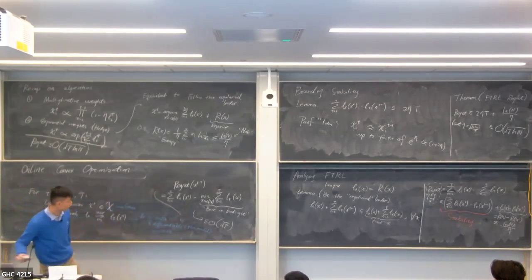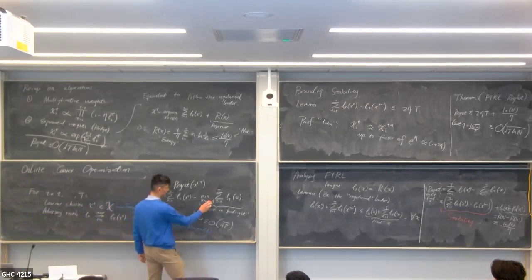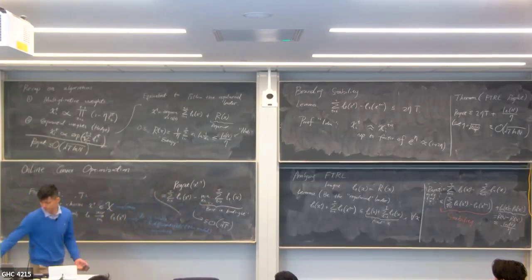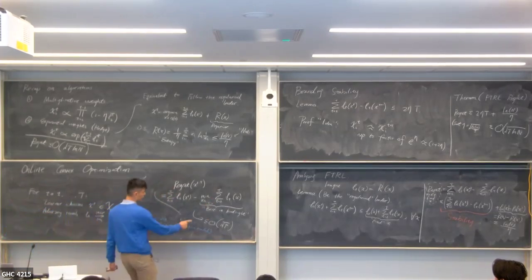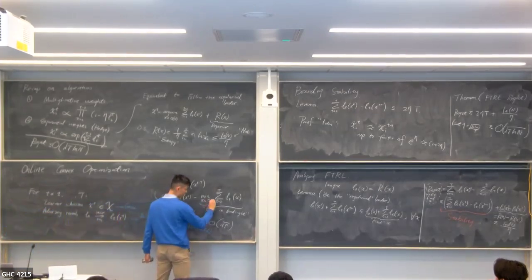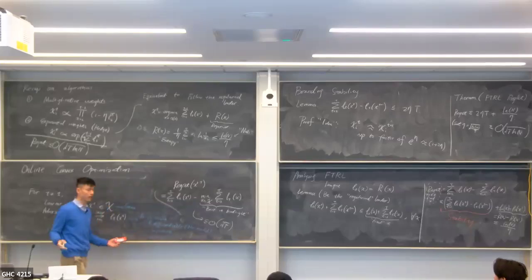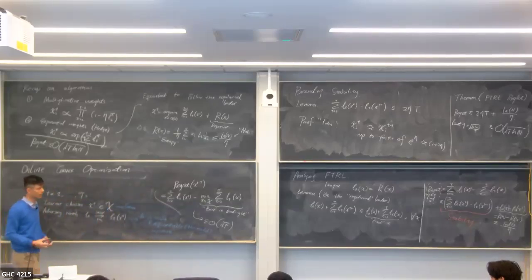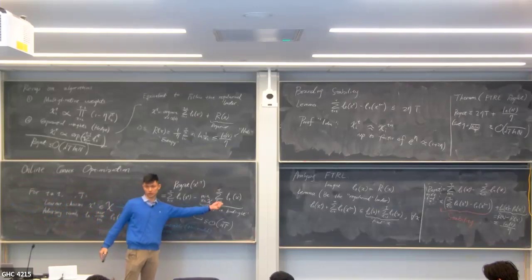Over time, you want to compete with the best in hindsight: if you look at all the losses so far at the end of T rounds, what's the best you can achieve with a fixed model?